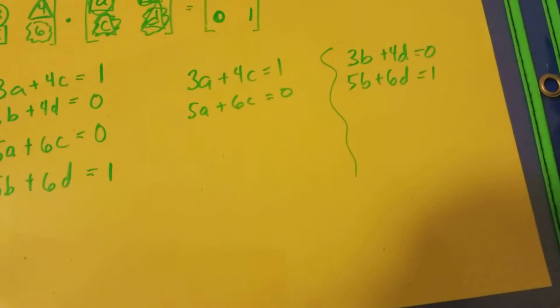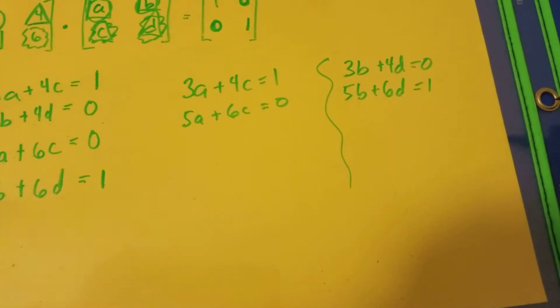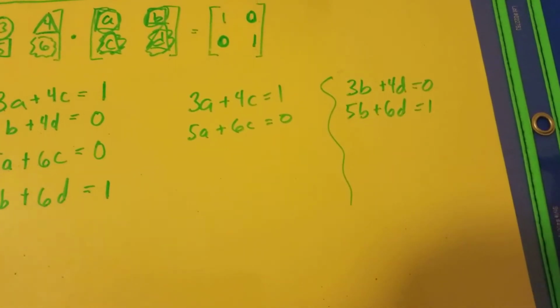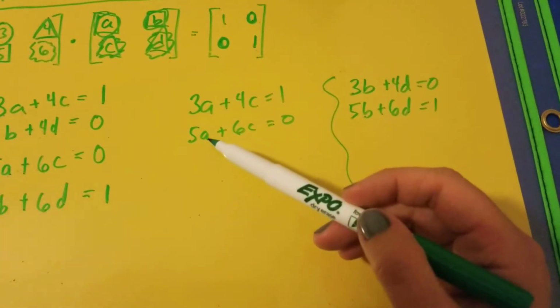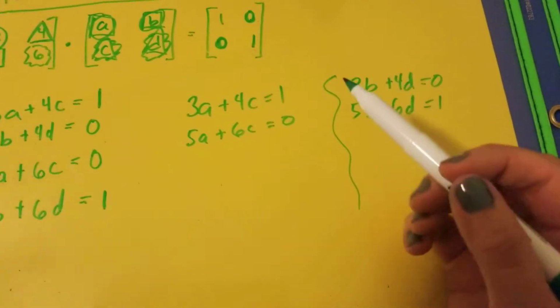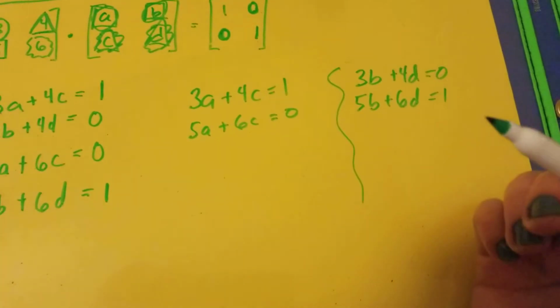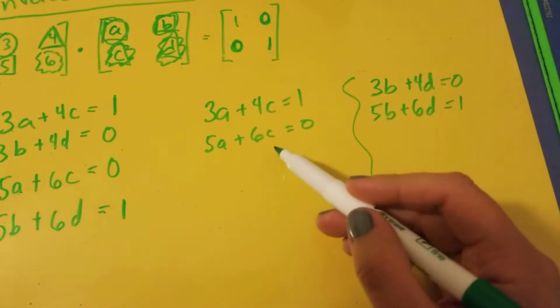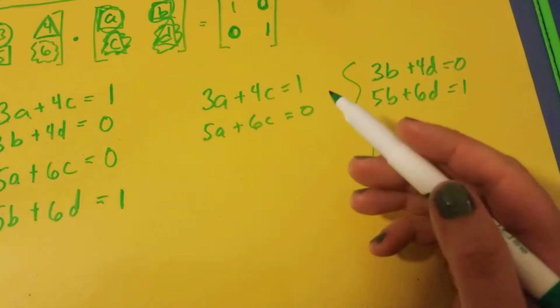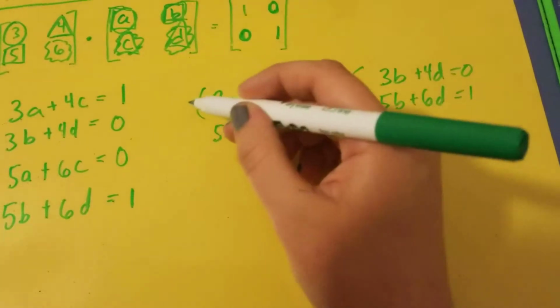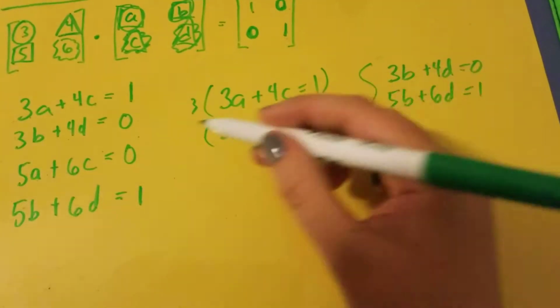Okay? So you can either do substitution, in which case you're going to solve for one of the variables and then substitute it into the second equation, or you can do elimination, which is probably the easiest one. So in this case, I want to get a common coefficient. So I'm going to multiply this by 3 and multiply the second one by 2.